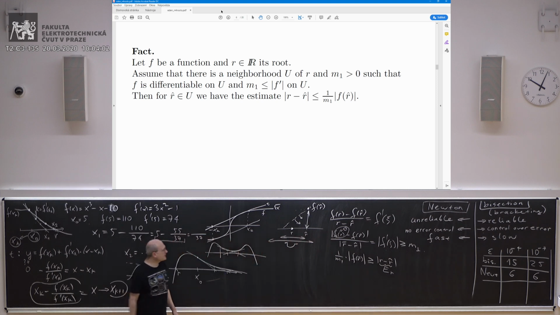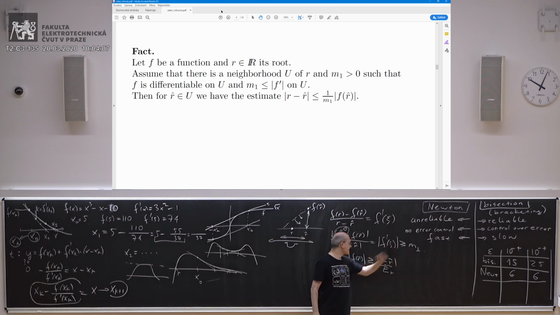So if we get lucky and we get information about the derivative, then we actually can compare the actual error and the value of the function.